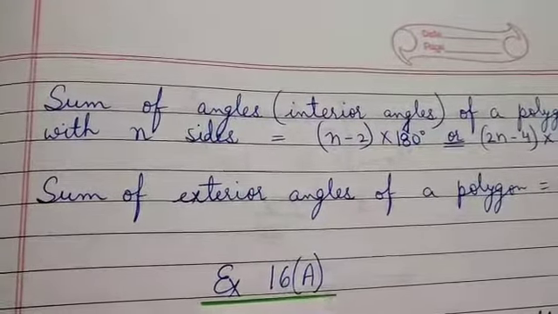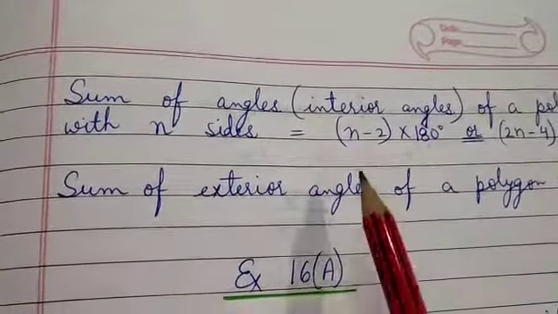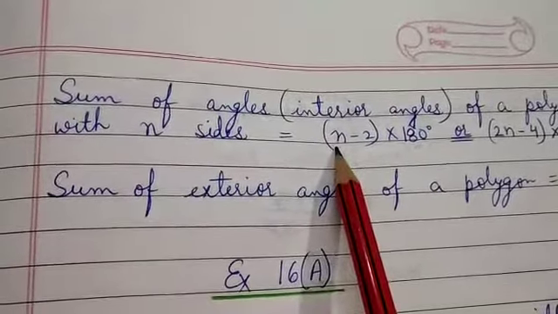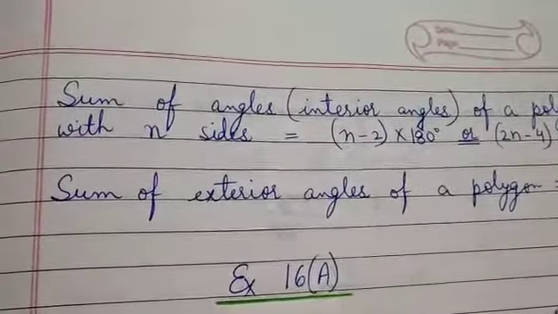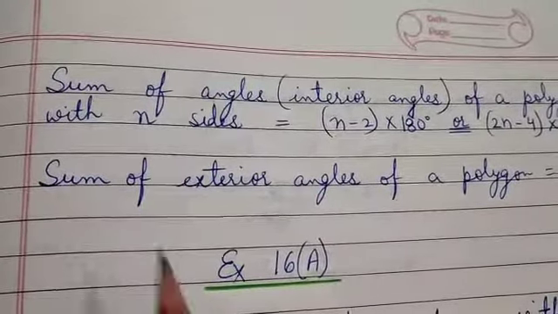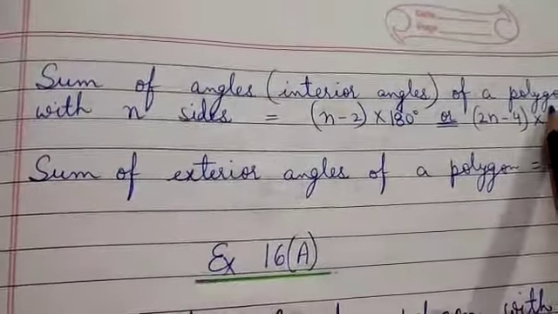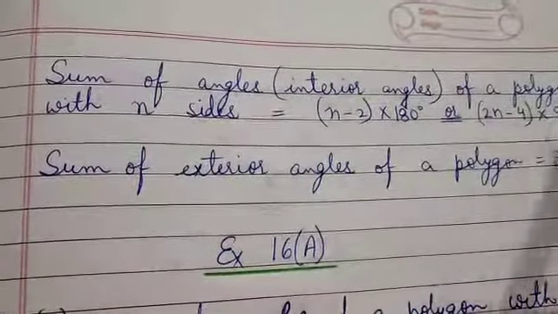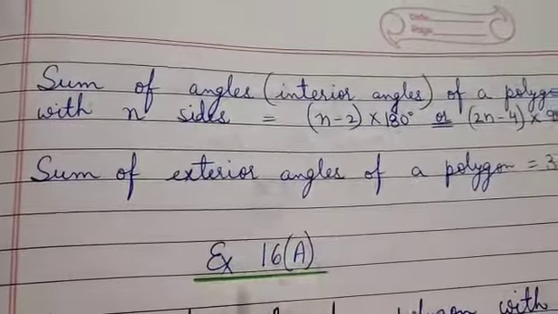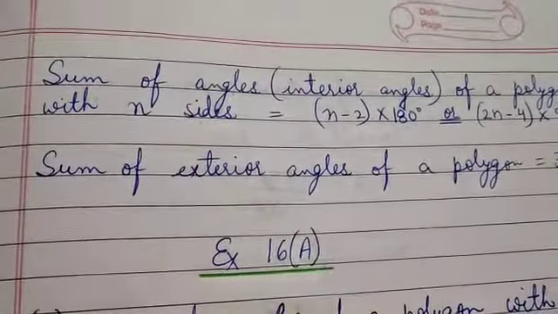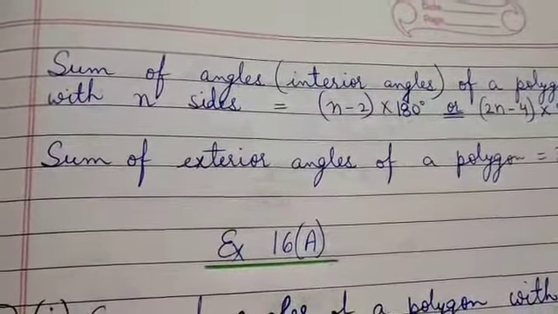The first type, which we did just now: when the number of sides is given, you can easily find the sum of angles of a polygon. And one more type of question: when the sum of the angles is given, you can easily find the number of sides. So based on this, there is question number 3.